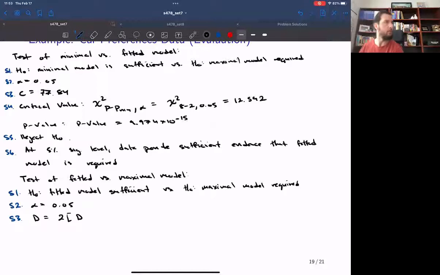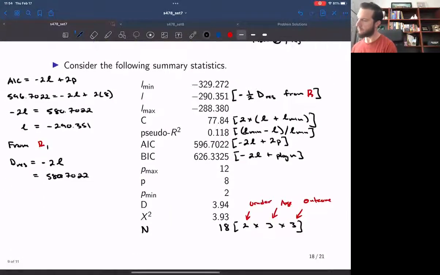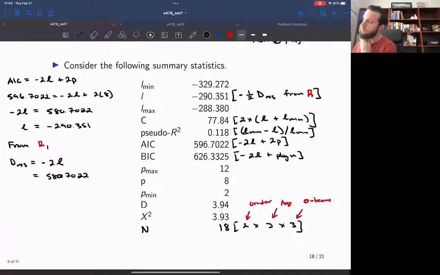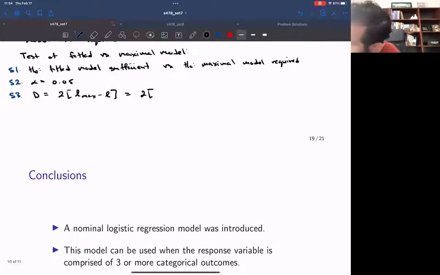This is going to be 2 times log likelihood max minus log likelihood, sorry, 2 times L max minus L. So this is 2 times 288.380 minus negative 290.351.